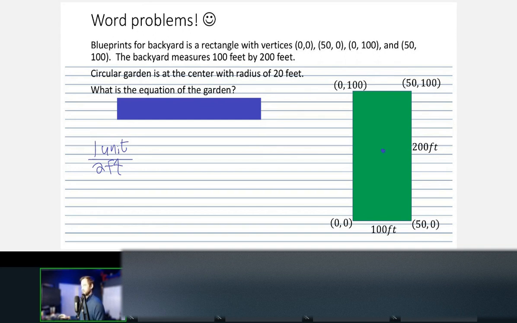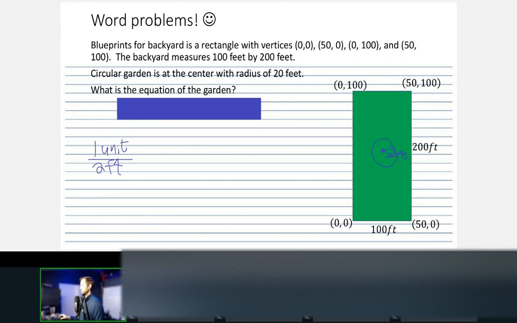All right, how do I find the equation of this circle? And of course, we're going to have the radius, what did we say? It was 20 feet. How do we find the center? Yeah, midpoint formula to the center point. Sure.